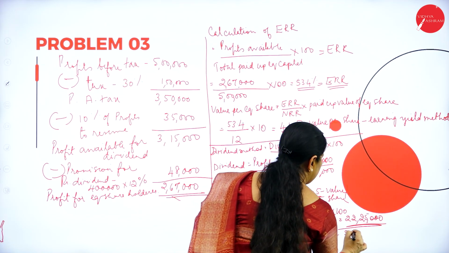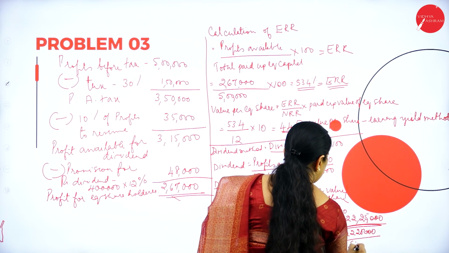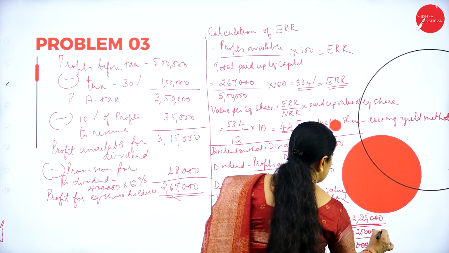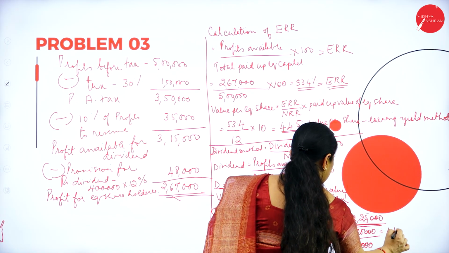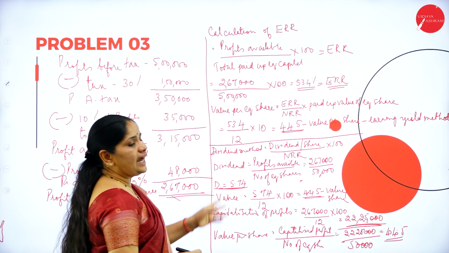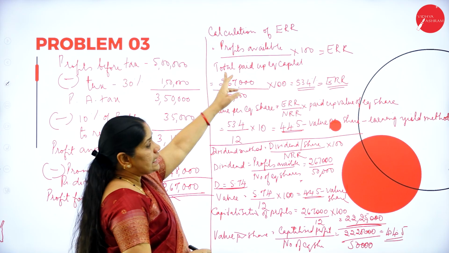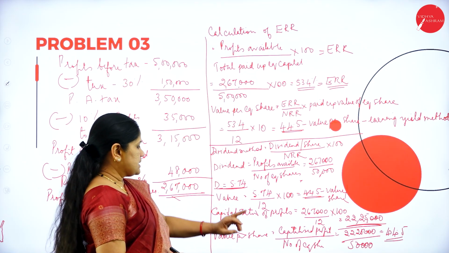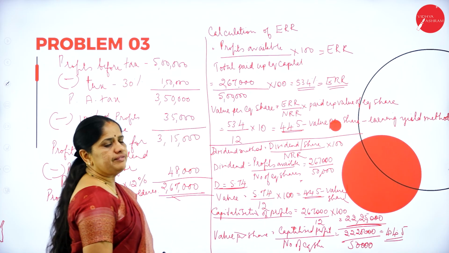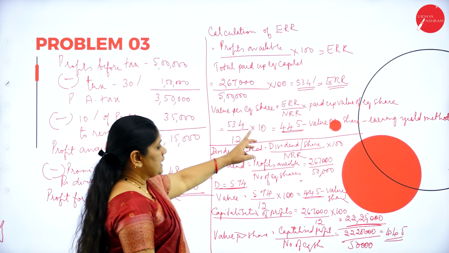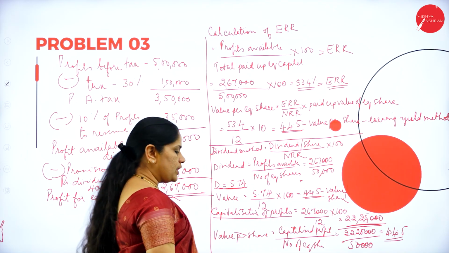So, 22,25,000 divided by 50,000, I get 44.5. So, we have calculated the value of shares as per the three methods. One is the earning yield method, second one is the dividend method, third one is the capitalization of profits method. So, we get the same value: 44.5, 44.5, 44.5.